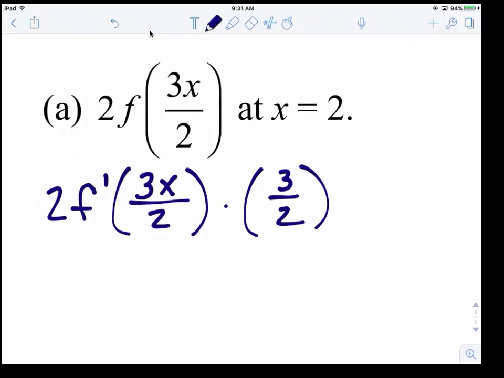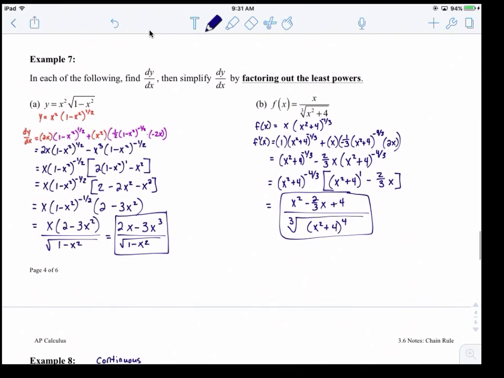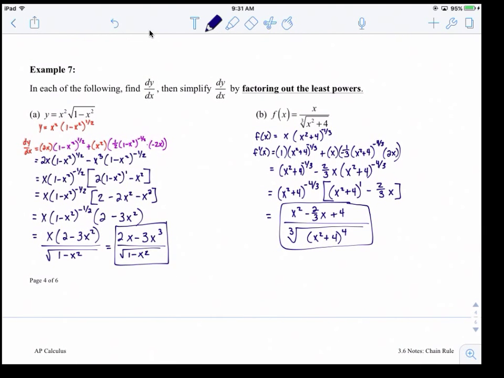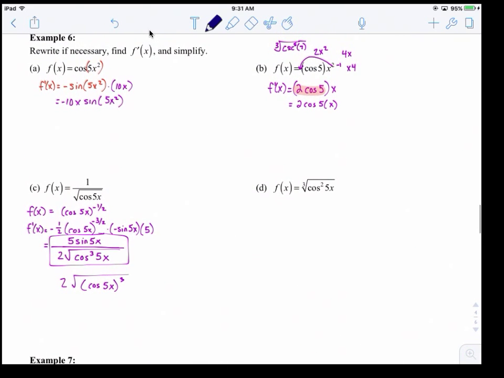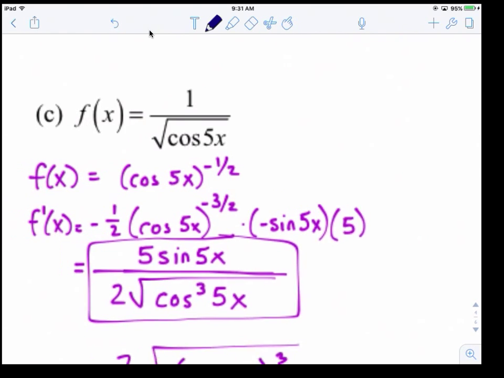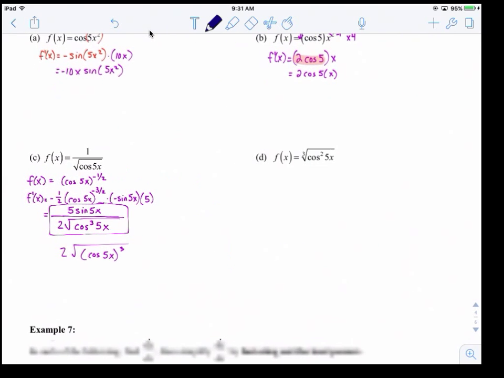So when you do, like, f in this case would be like the blob to the negative 1/2. That's what f is. So you take the derivative of the outside first, and then work your way in.